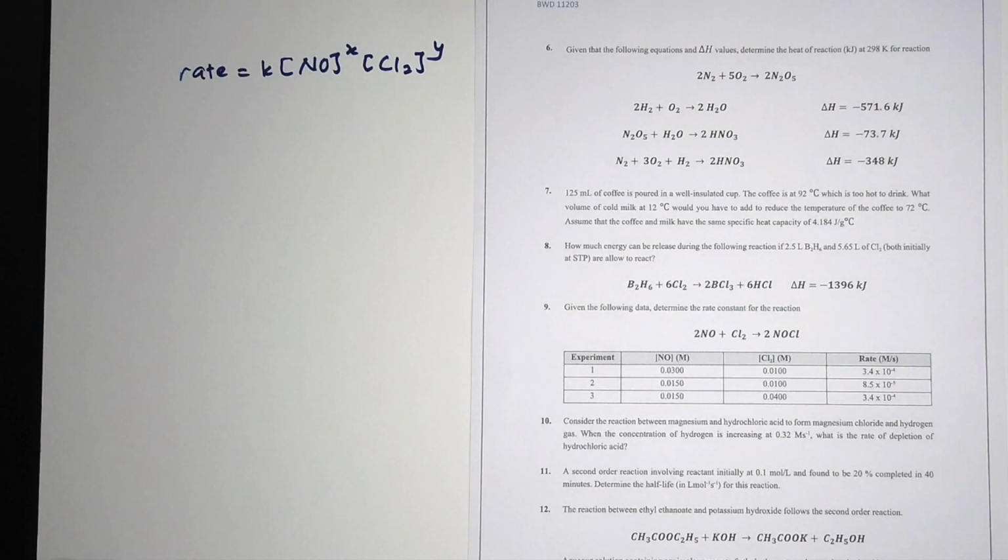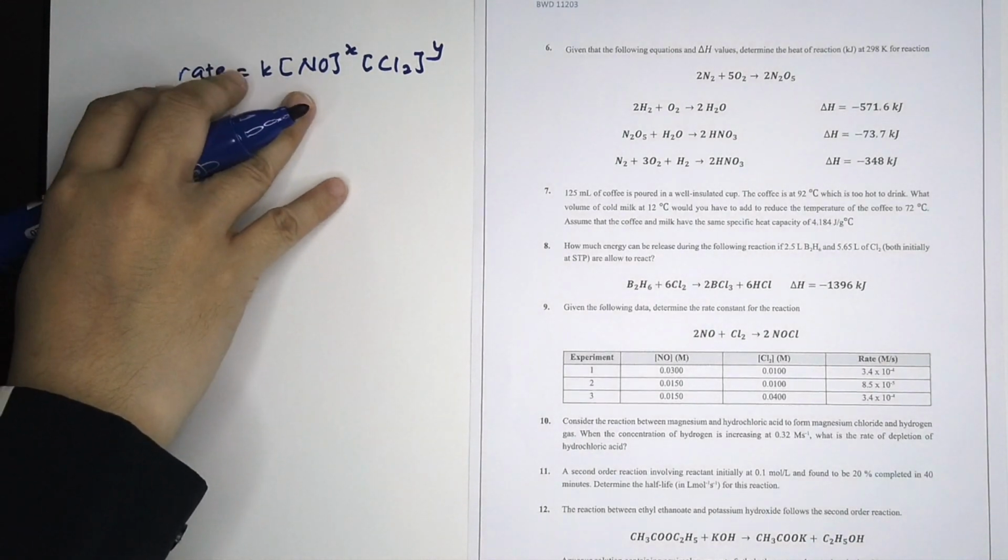In order to find the value of x, we need experiments where the concentration of Cl2 is the same. So we are going to use experiment number 1 and experiment number 2, with this formula.